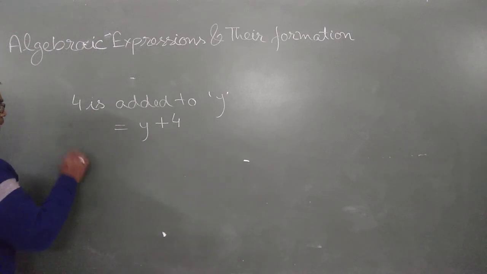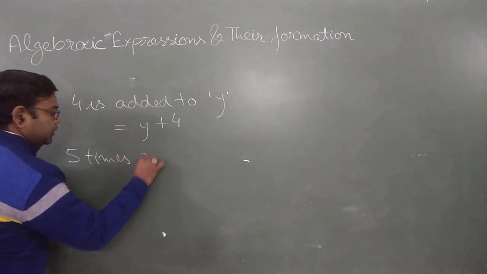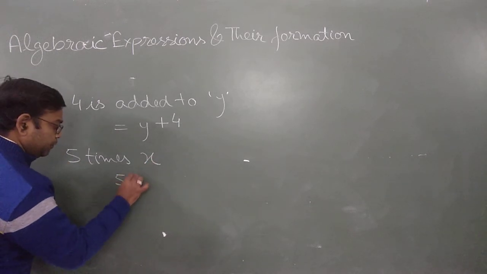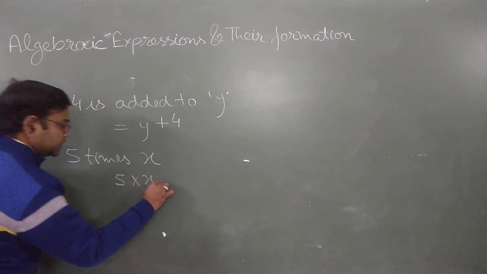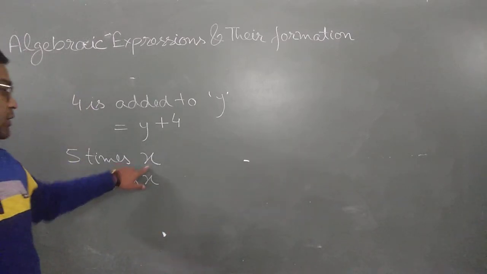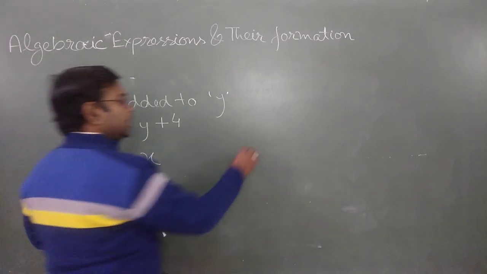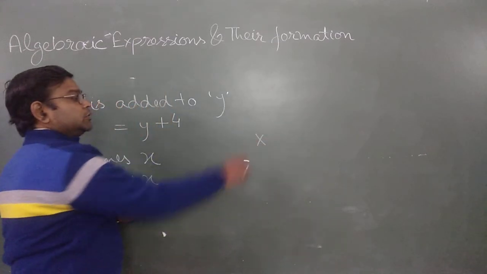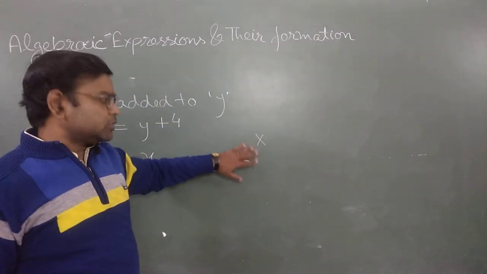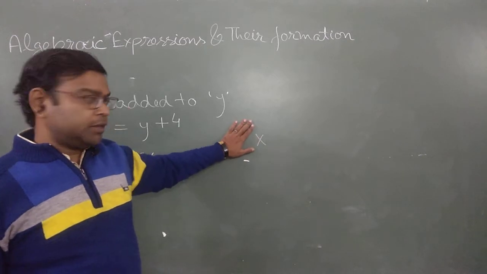If it says 5 times x, how do we write 5 times? It means 5 multiplied by x. Now again, why do I use the words times x or multiply x? Some of you are in the habit of writing the multiplication sign like a small x, but in algebra try to avoid writing x in such a manner.